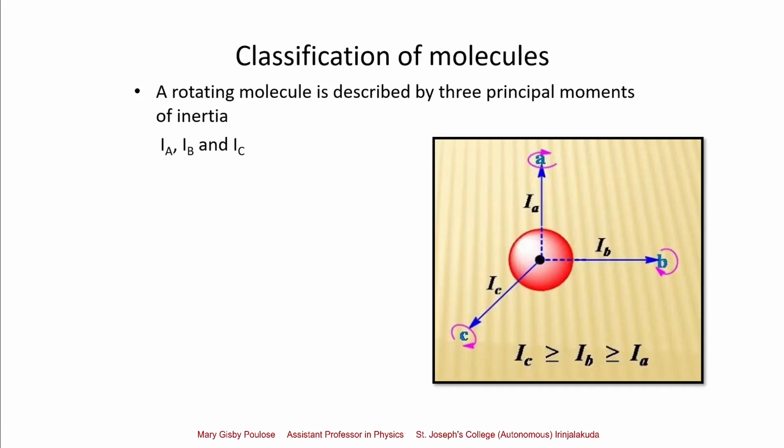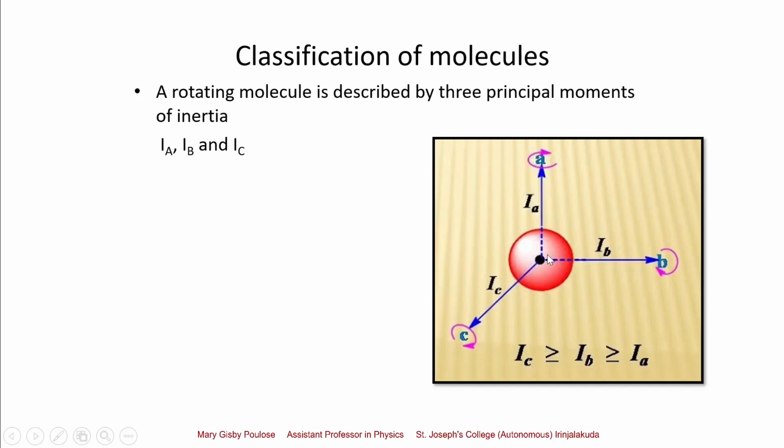It is three because we normally use the Cartesian coordinate system. So we have rotational axes along the A direction, the B direction, and the C direction. Likewise, we have the principal moments of inertia, IA along the A direction, IB along the B direction, and IC along the C direction.